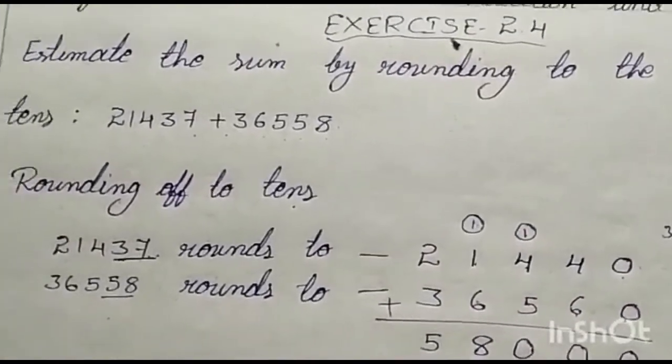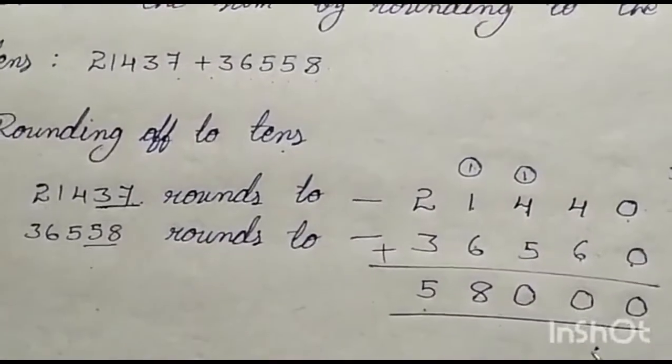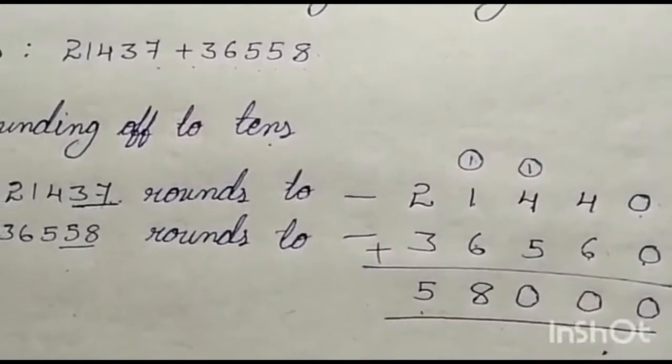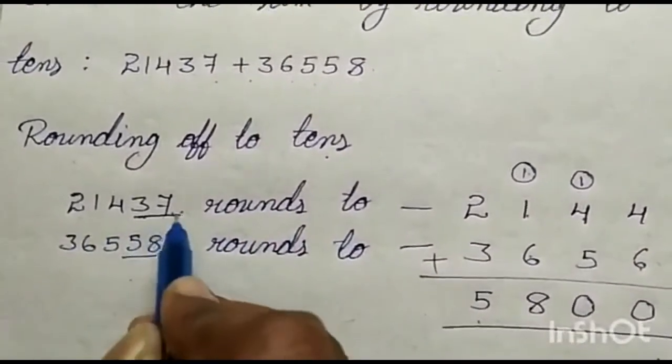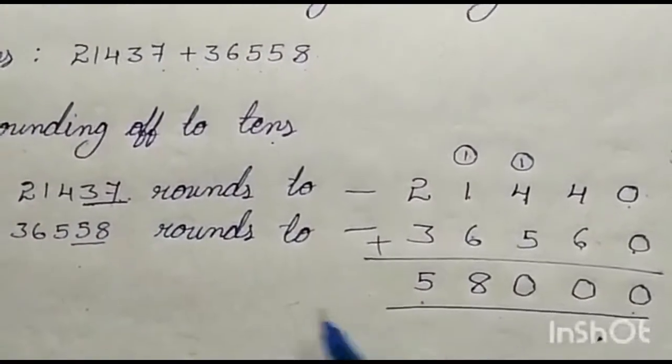58,000. It is the estimated sum. If you do the exact addition it will be another one, but it is nearest to 58,000. So when you round to the tens, just check the ones place and tens place. Okay children, did you understand everybody?